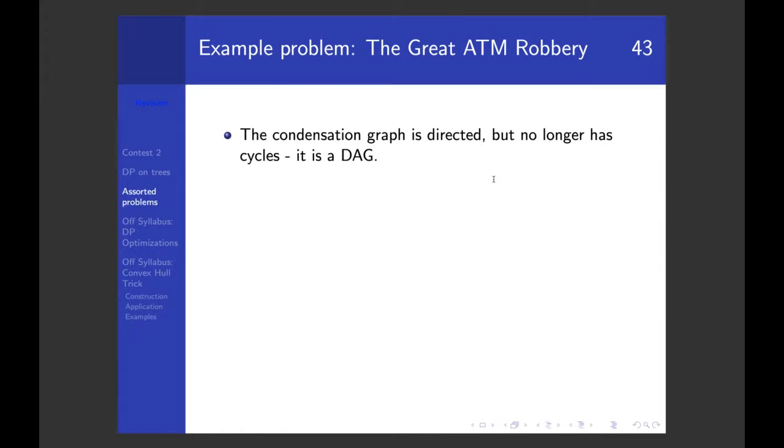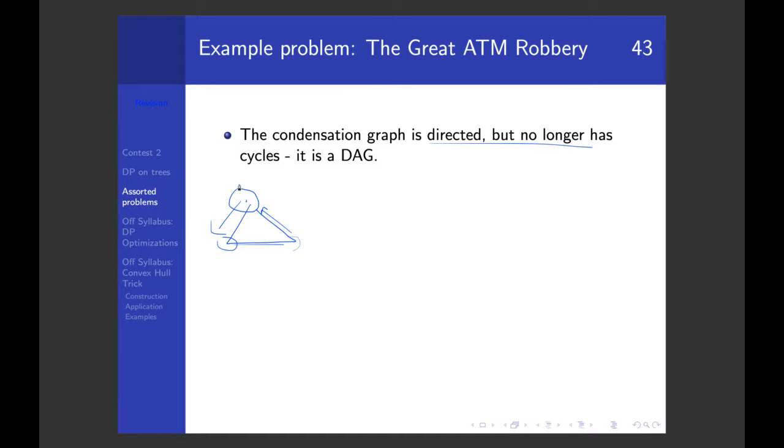Now, importantly, this graph has no cycles. Why is that? Let's imagine that this new graph had a cycle. If it has a cycle, that means we can travel from every node here to every node here and then back again.